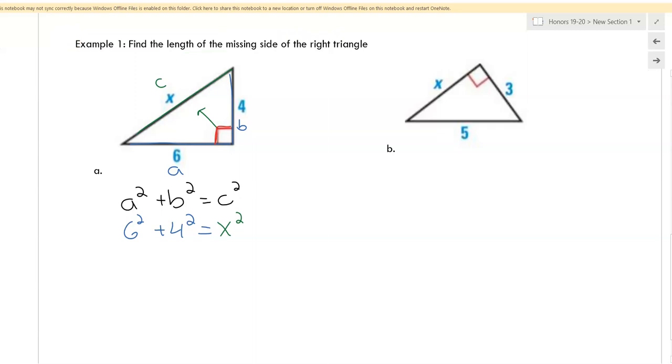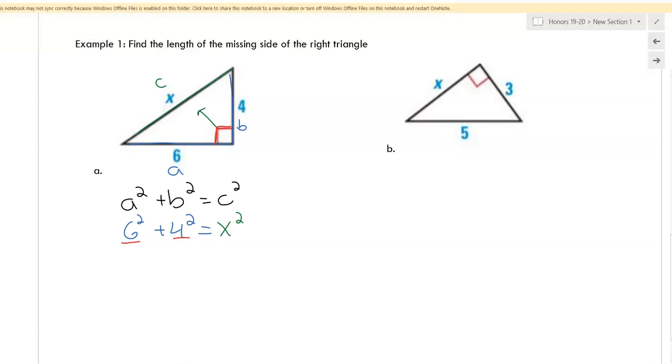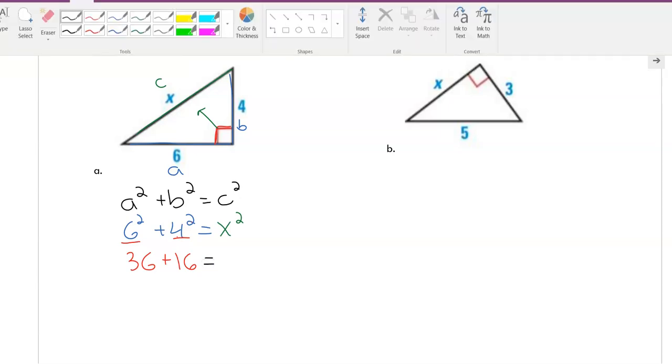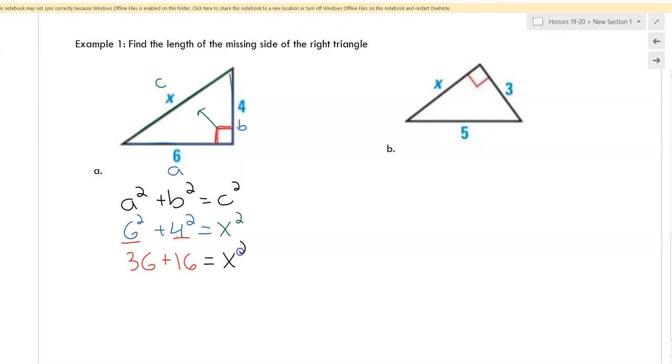And now I'm solving for X. The first thing we want to do is square the numbers. So I have 6 squared is 36, 4 squared is 16, and then X squared, we'll just say is X squared.